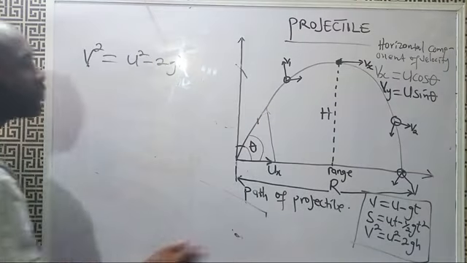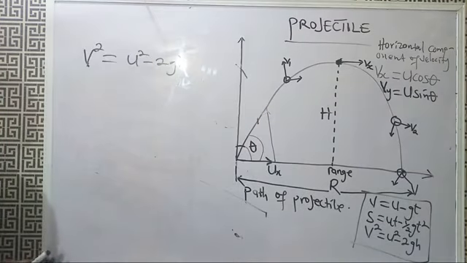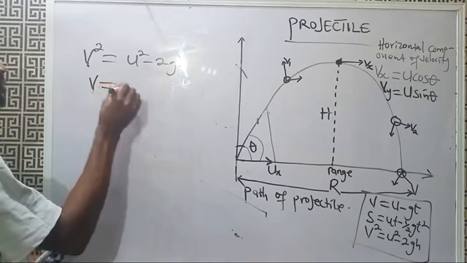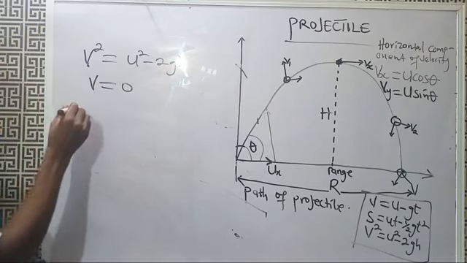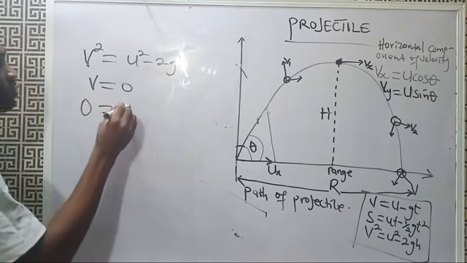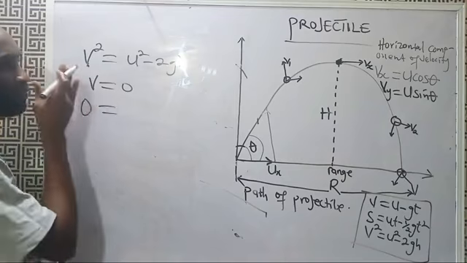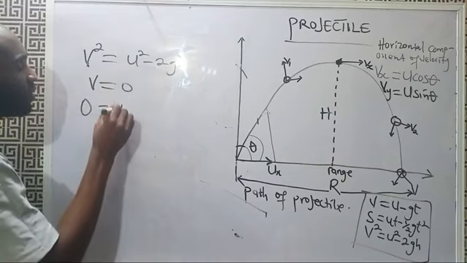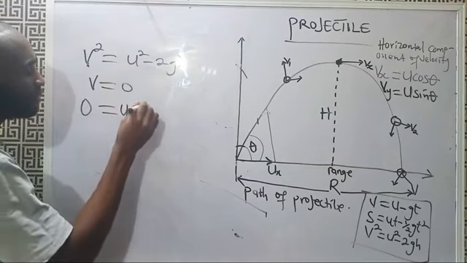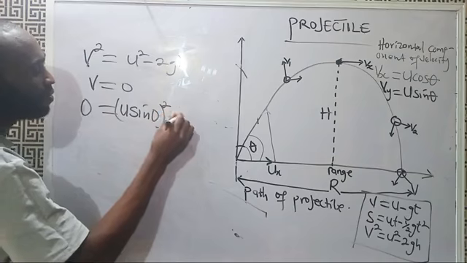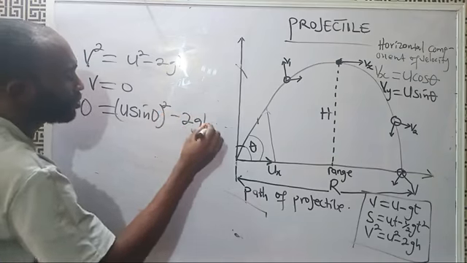So how are we going to get the formula for maximum height? Remember, at the maximum height the final velocity is equal to zero. So this will be equal to u squared, where the vertical component of velocity is u sine theta. So everything is squared, minus 2gh.